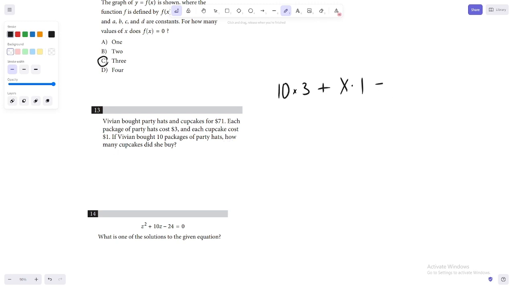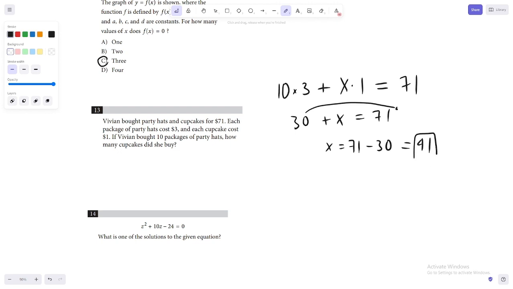And that is equal to $71. Now we have to solve for x. 10 times 3, that's 30, plus x is equal to 71. And if we move 30 to the other side, we'll get x equal to 71 minus 30, and that is equal to 41.